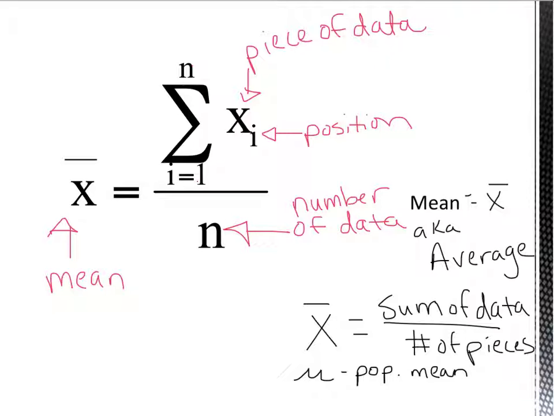Okay, this giant E, that's a sigma, and it means sum. So when I look at this, what I would say is X bar is equal to the sum of all the Xi's when i goes between 1 and N, which basically means your first through your last piece of data. Why don't we look at this? I'll add an example. I'll try to relate it to this formula. It will make a little bit more sense.